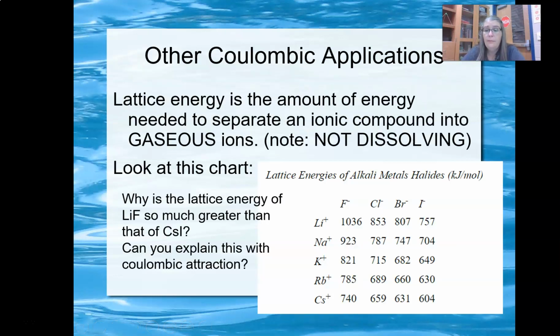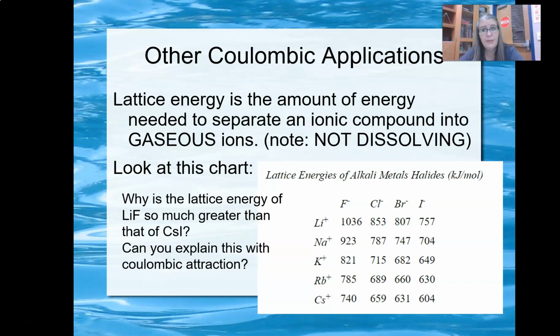So my other trend that I like to mention is the trends in lattice energy. And lattice energy is actually a little bit different because it's not an individual atomic trend, it's an ionic compound trend. The other thing I will note in very large capital letters is that lattice energy is not about dissolving.